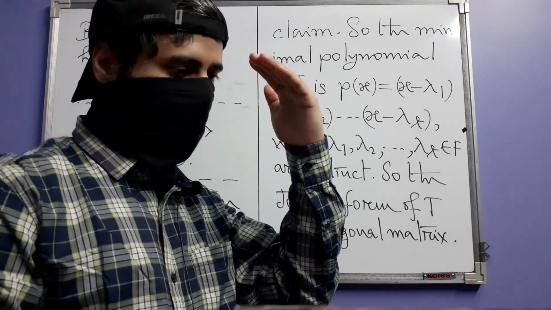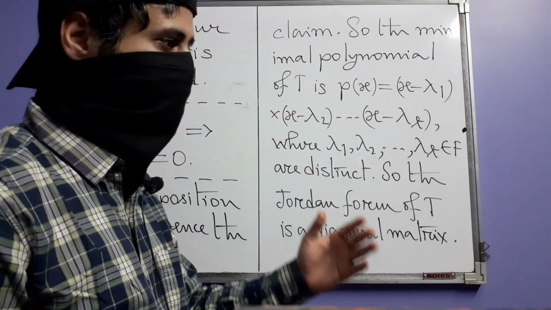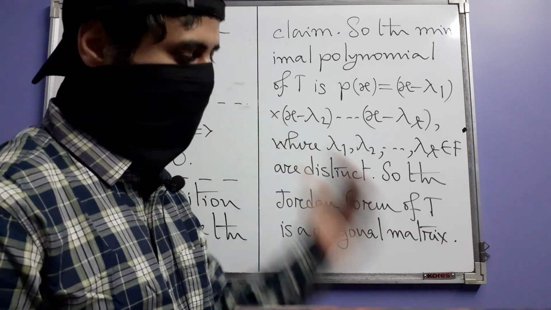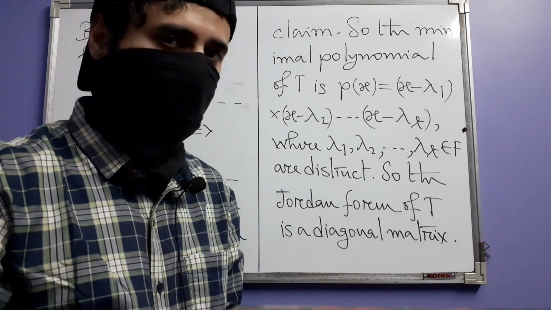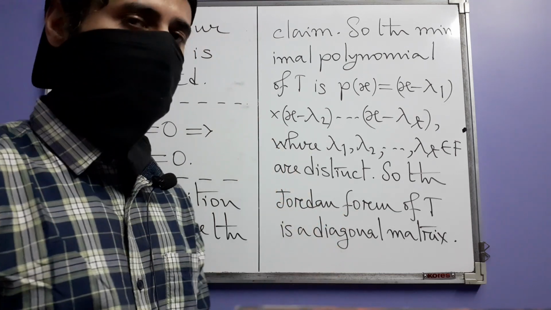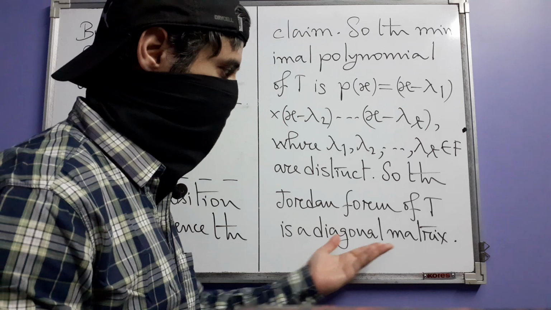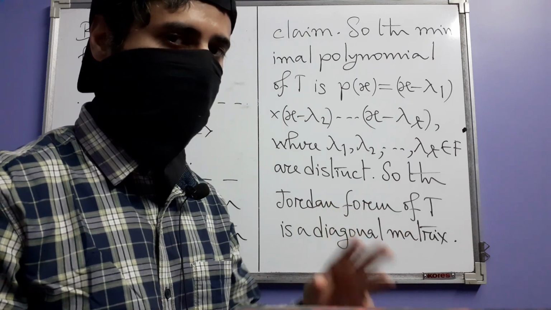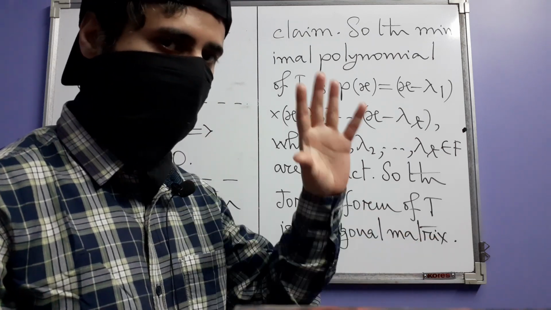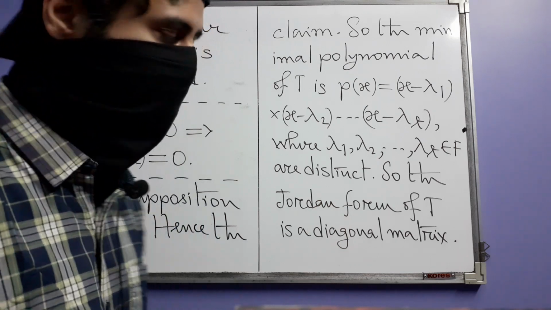So, it is a block diagonal matrix after all, that will simply be an ordinary diagonal matrix. Then there exists at least one basis of our vector space in which we of course have the Jordan form of the operator T, that means we have its matrix like that, but that is now a diagonal matrix, hence T is diagonalizable.